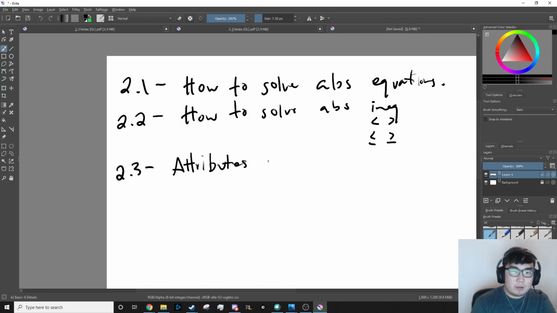And I want to talk about the word attributes again. In the first unit, I told you that attributes are about describing something.